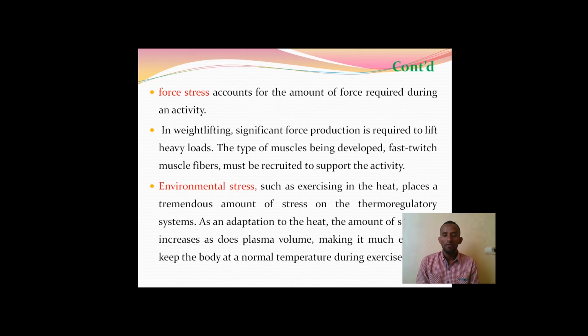So environmental stress normally occurs because of environmental factors, as we said before, lowlands in a very hot environment, and also highlands at a very high altitude, where they have their own effects on the body. So environmental factors as much as possible. Here we have one recommendation.